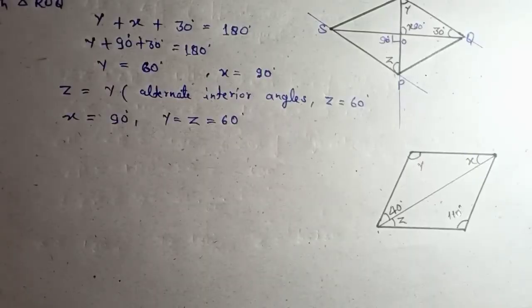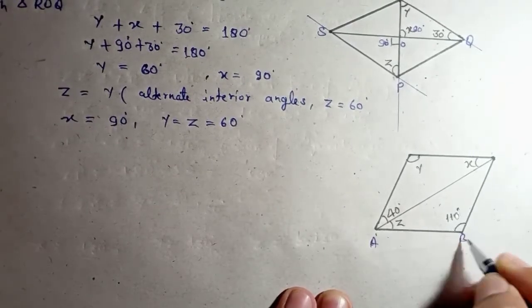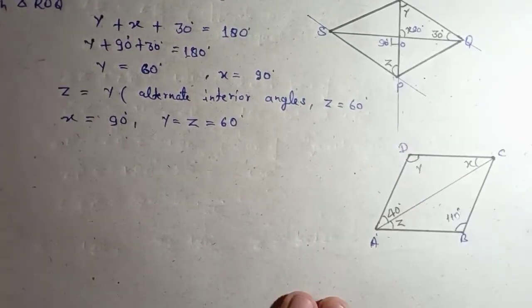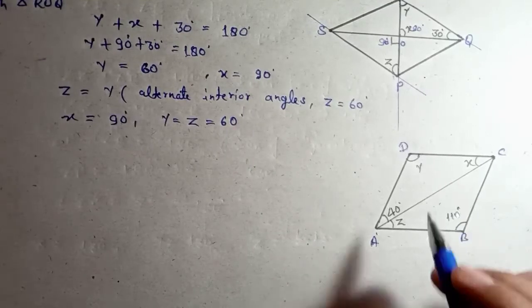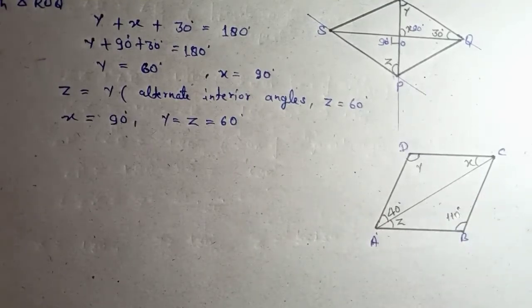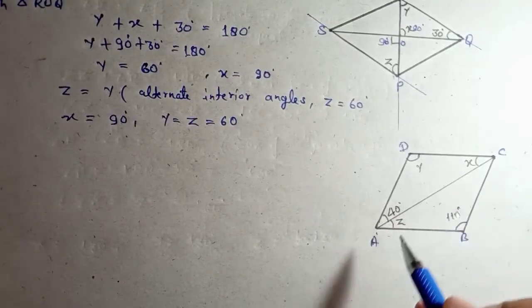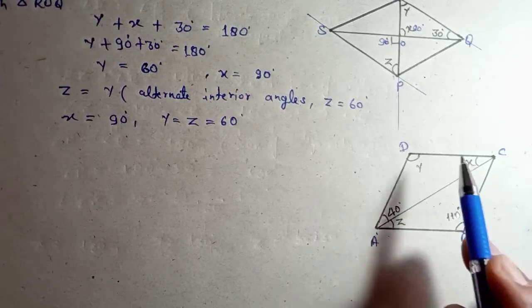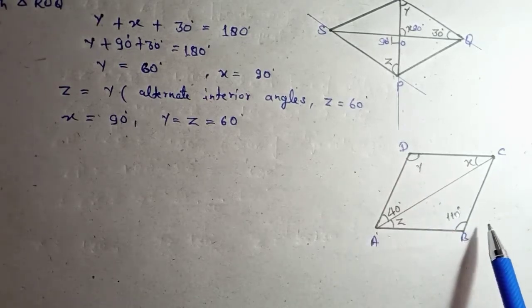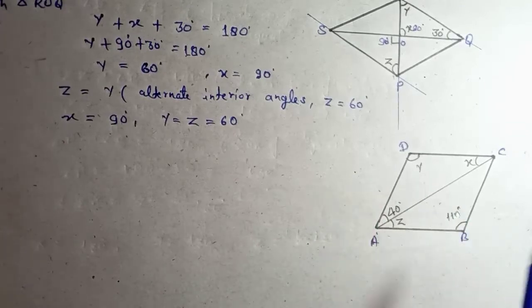Now we have question number 5 of question number 2. You can see it is angle ADCB. This is a parallelogram. Angle D and angle B are opposite angles.